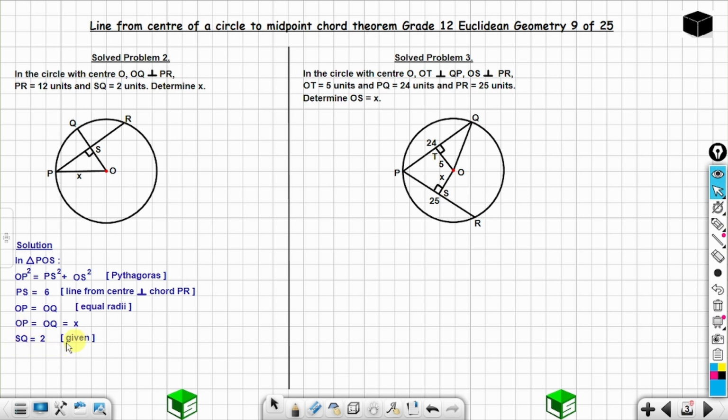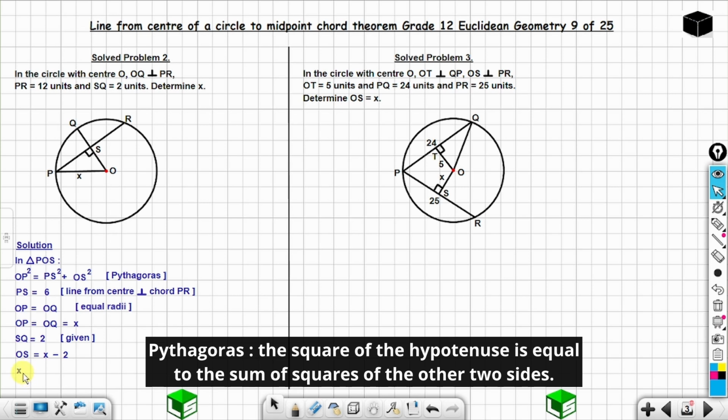OS is equal to X minus 2, because the radius is equal to X. You need OS, so you take the radius minus SQ, which is 2. So, X squared.